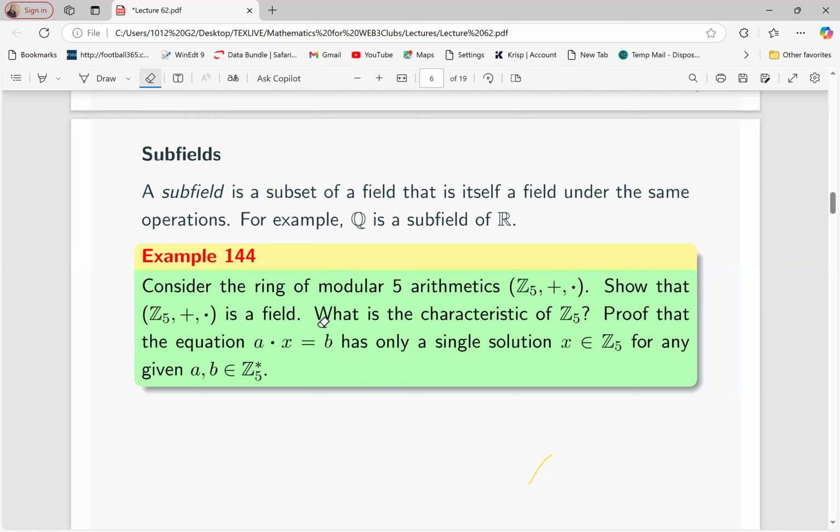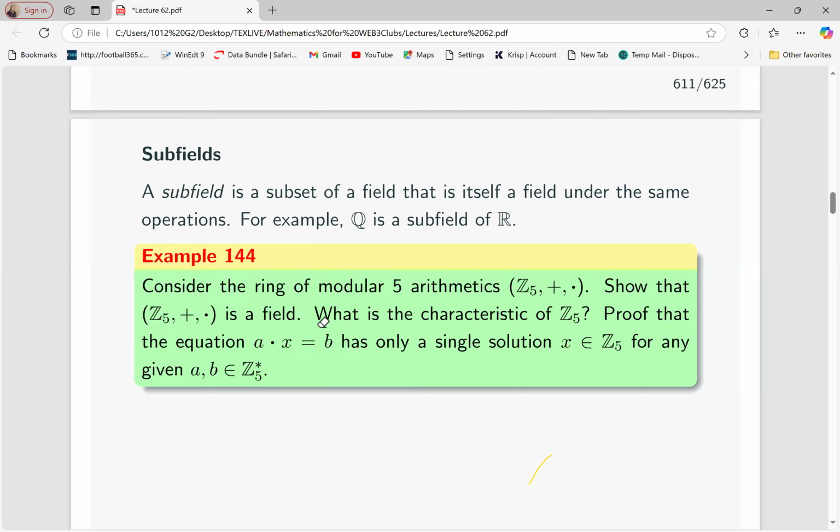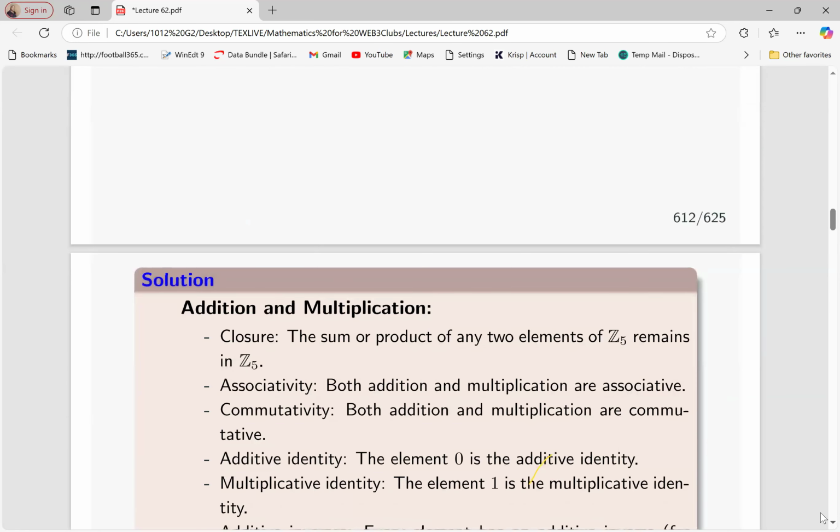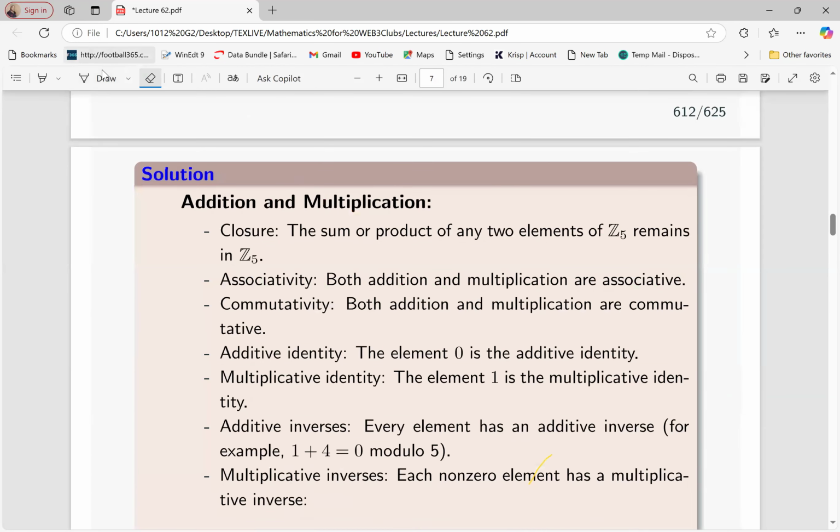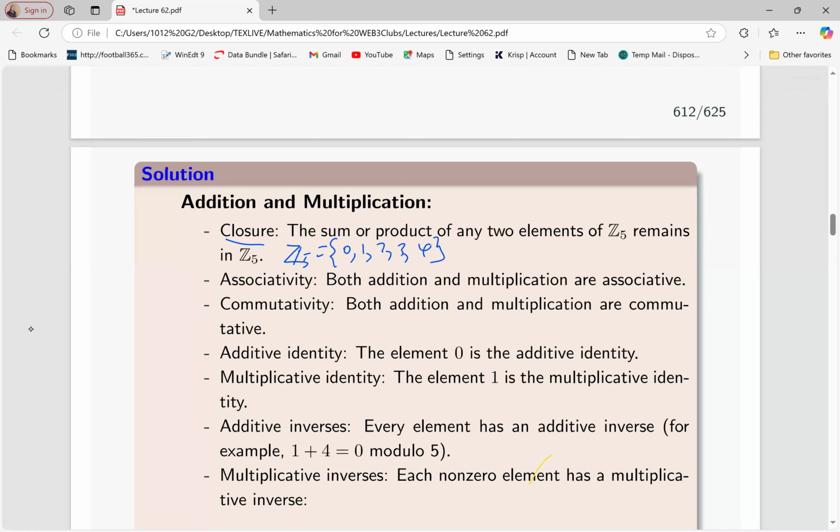Of course, this question is just to assist us understand what a field is. So for us to show this is a field, we go through all the properties, starting with closure. Our set had elements 0, 1, 2, 3, and 4. We want to check closure under addition and multiplication.